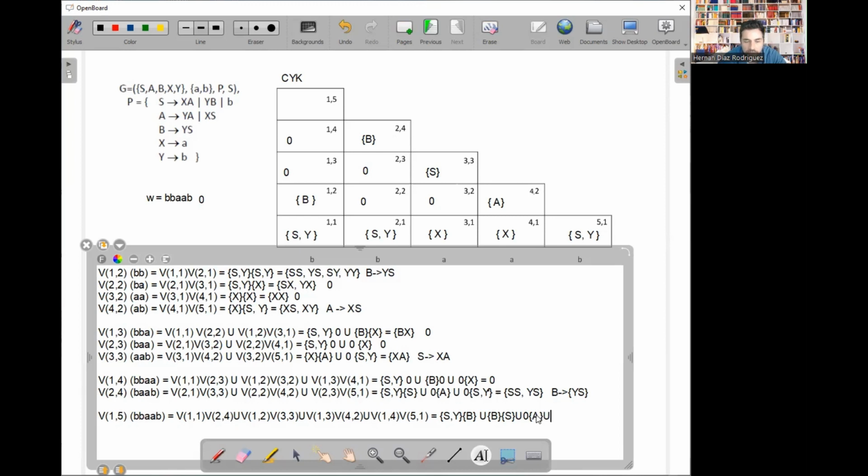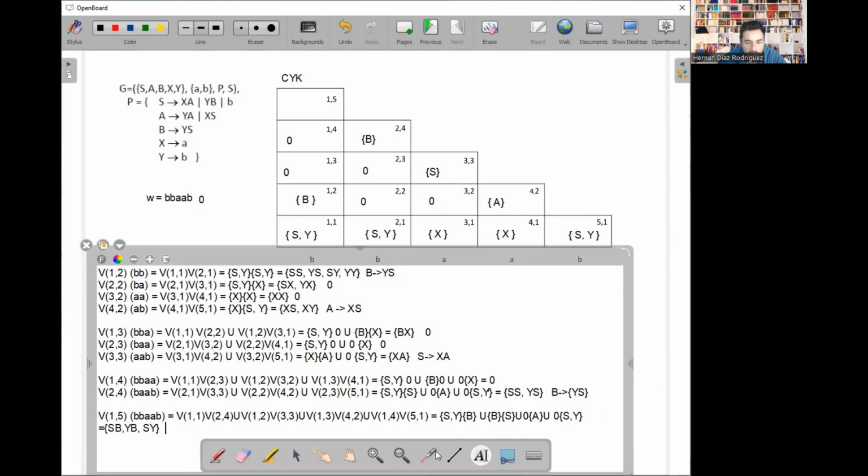What we have in the position 1, 4, which is 0, and 5, 1, which is SY. So all the possible combinations are SB, YB, or SI. These are the three combinations that we can have.